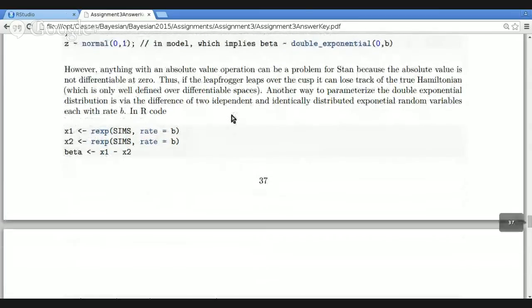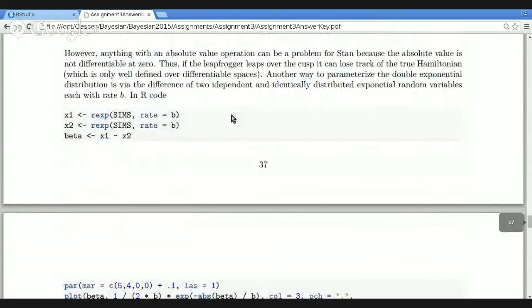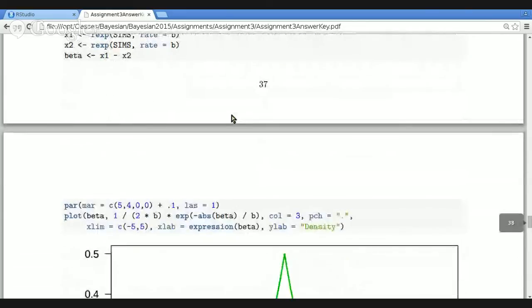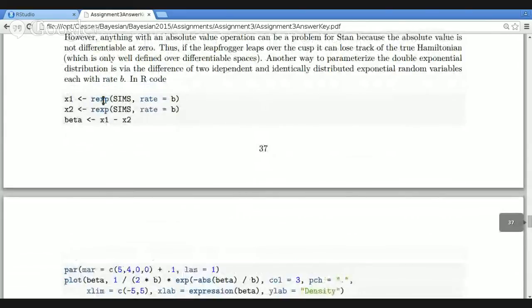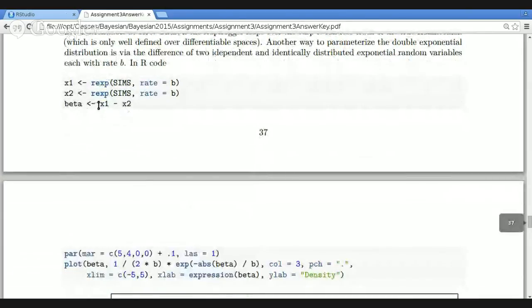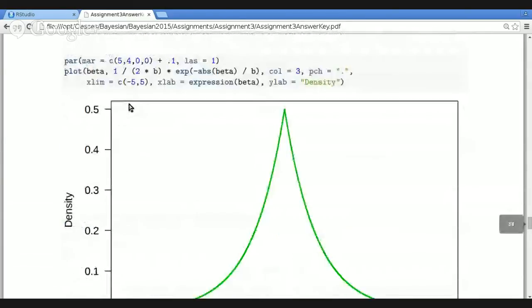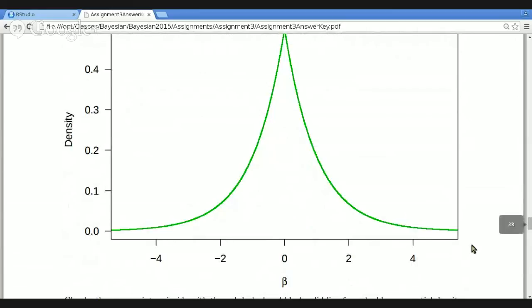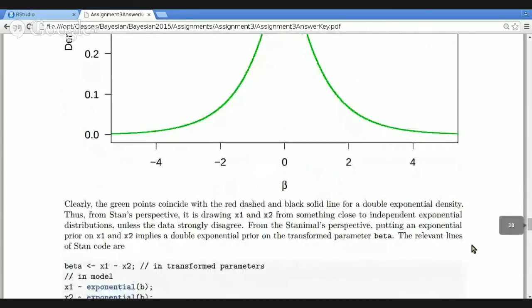Another way in which you can construct a double exponential distribution is by subtracting two independent exponential distributions. That's where the double exponential distribution gets its name. So in R, if we just draw from an exponential distribution twice and then construct beta by subtracting those two, again, we get the same shape that we saw the previous two times, which is again something that's known.